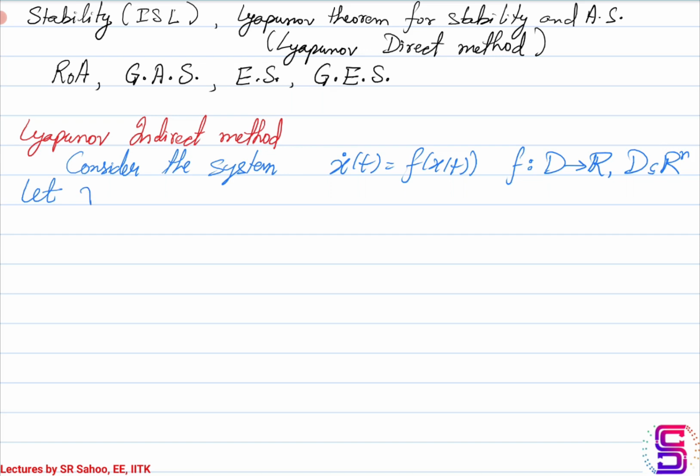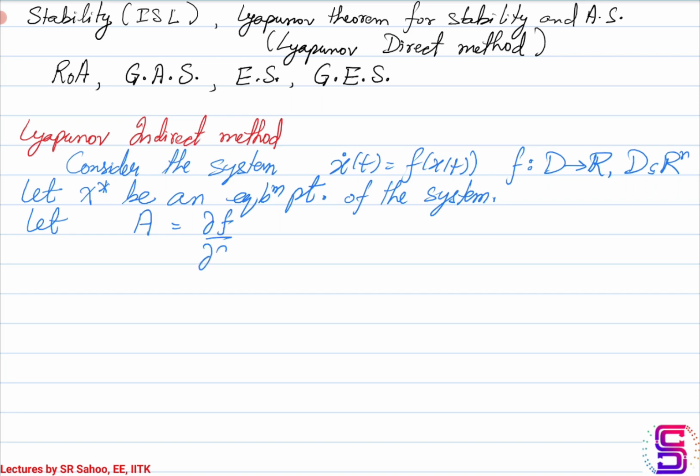Let x star be an equilibrium point of the system, and let A equal to del f by del x evaluated at x equal to x star. This is how we used to form the Jacobian. So A here is the Jacobian matrix that we have.